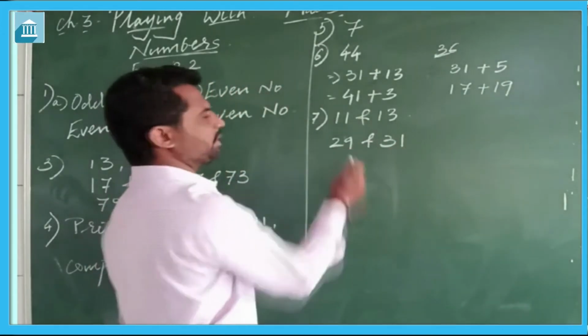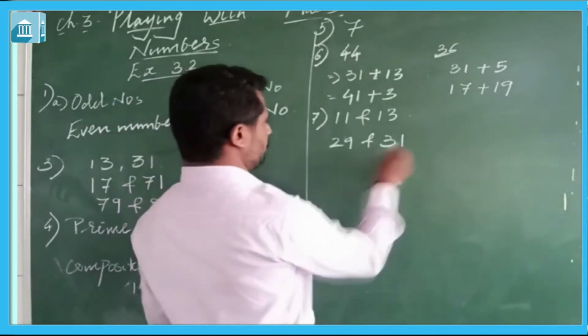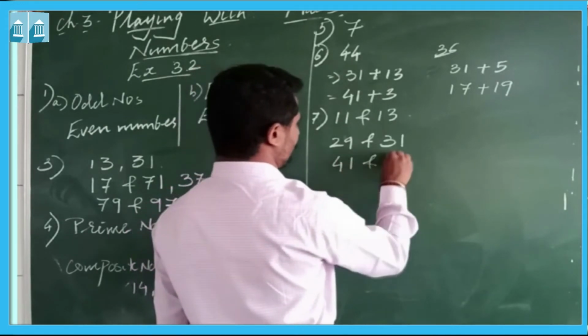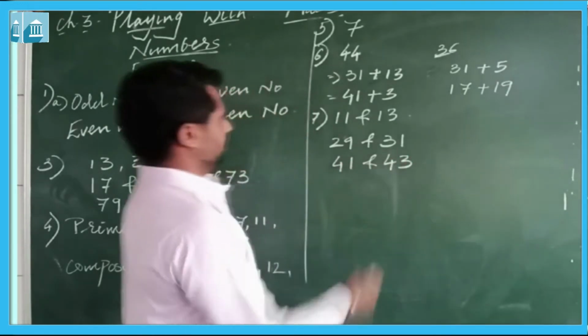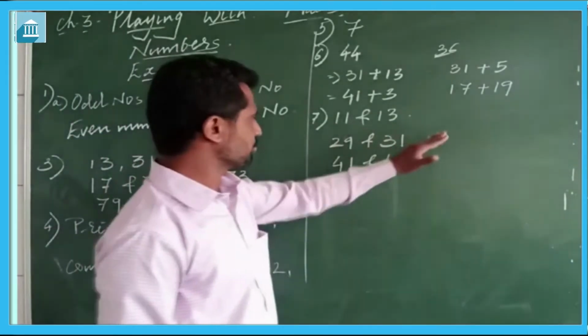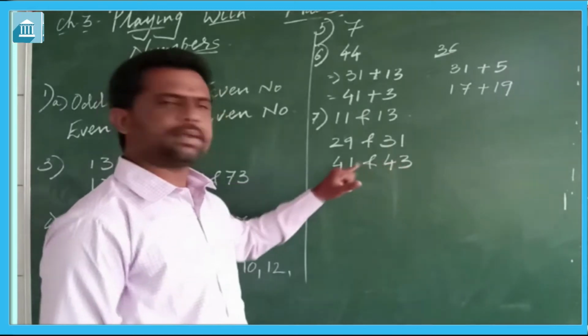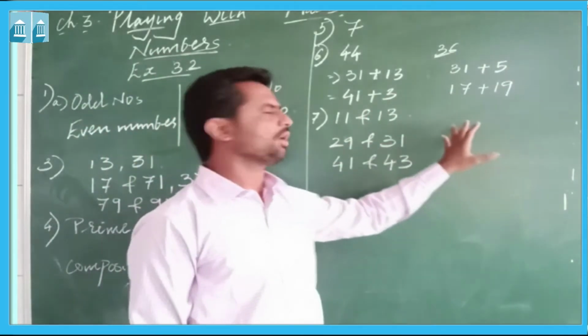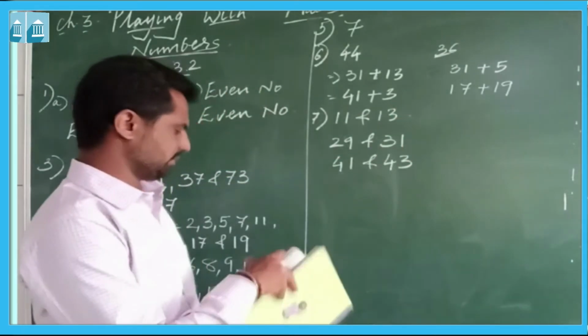Again the difference between these two is 2. Then we can say 41 and 43. If you see, there are so many numbers of this type whose difference is 2, meaning 43 minus 41 is 2. This type of prime numbers are known as twin primes.